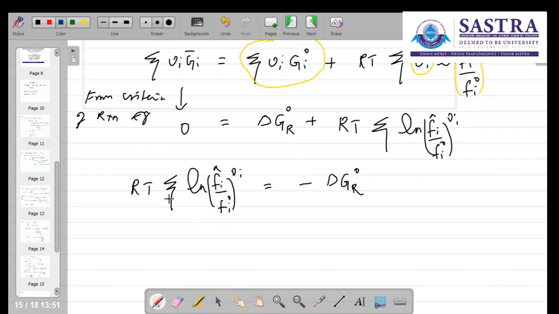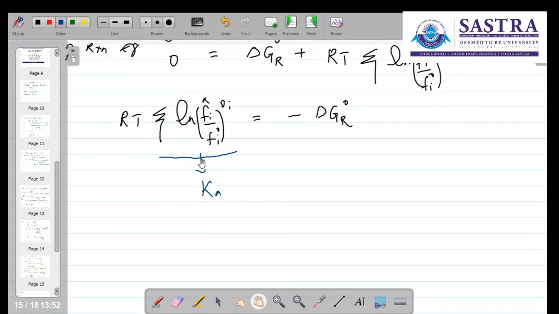Now what we have to know is this term. This term is called an equilibrium constant. So specifically this can be written as an equilibrium constant Ka, right? So this ratio of ln of fi cap by fi naught, which is summed up, when you sum up the log, it becomes a product. So that would be called Ka.